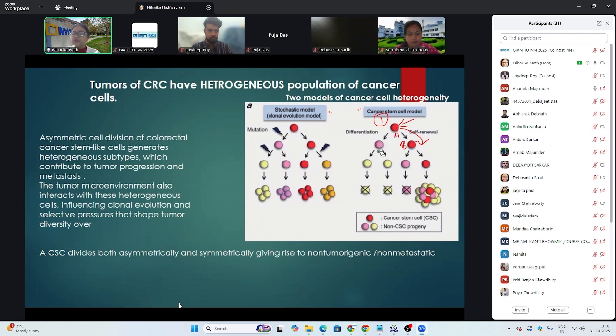This one is a stem cell, and this one is not. Then this one divides again, producing another stem cell, and another cell that is slightly different, but similar to the first one.